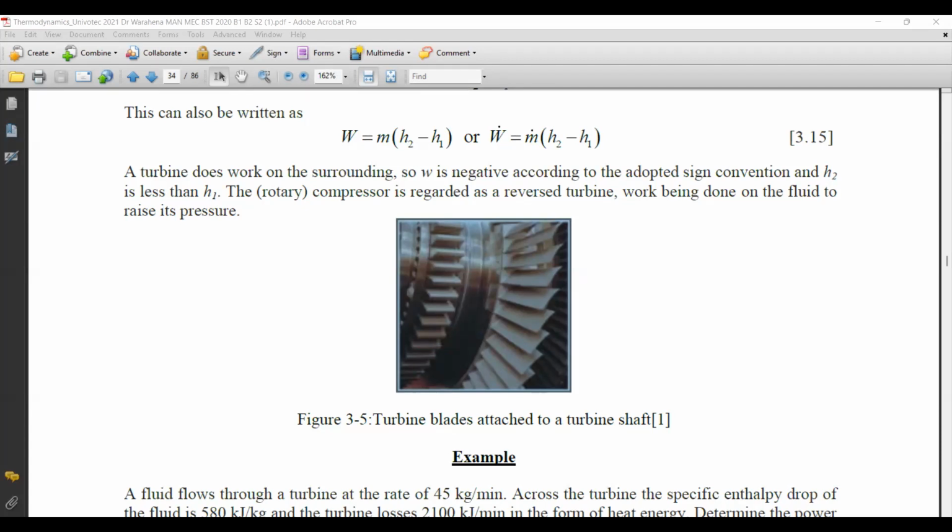Give me 1 minute. Compression. The compression. The volume decreases in compression. You can denote this way.